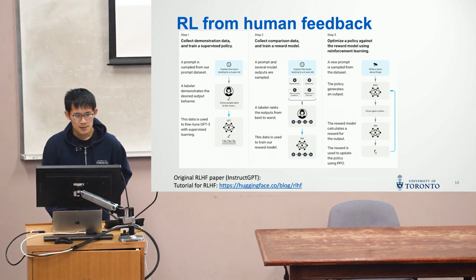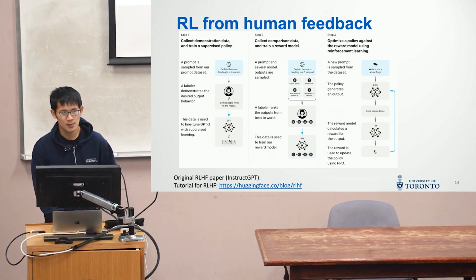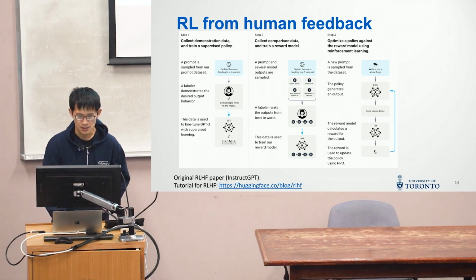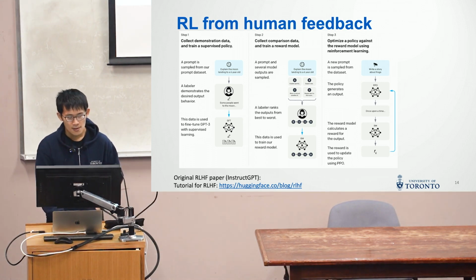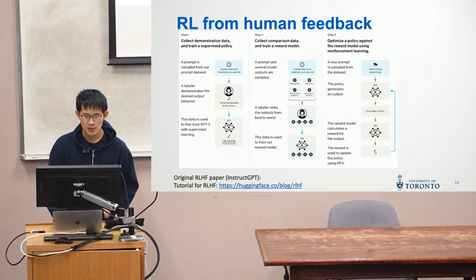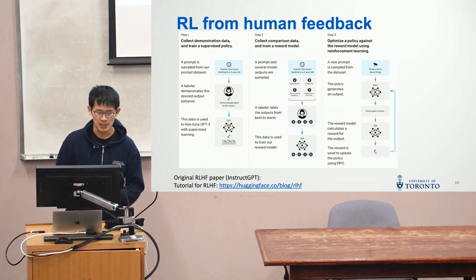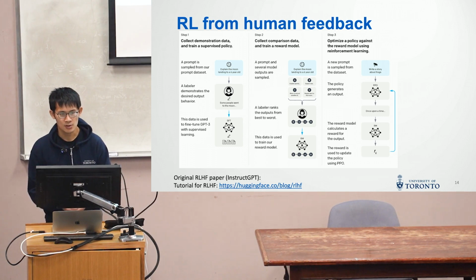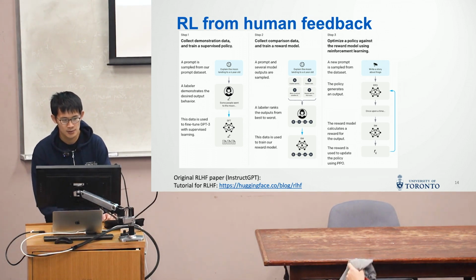So this is the reinforcement learning from human feedback training method. And with RLHF in place, OpenAI was able to ship the InstructGPT model, which is text-davinci-003.